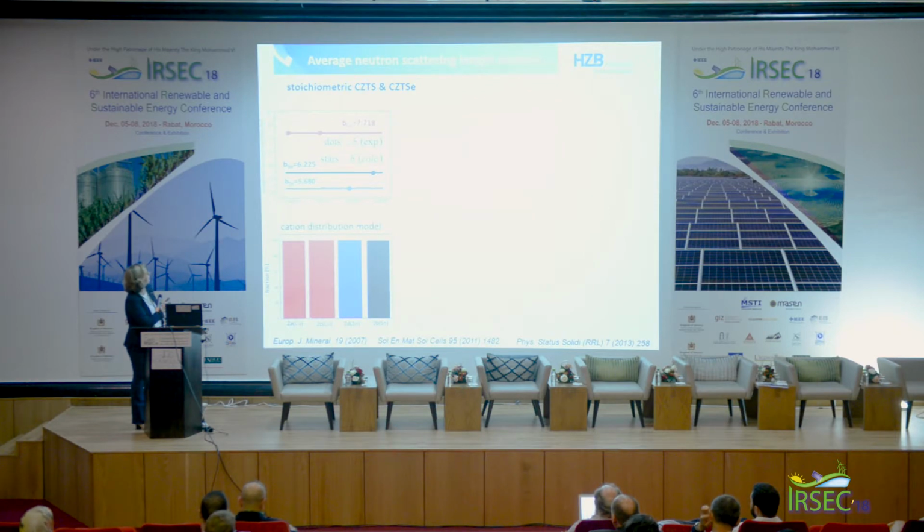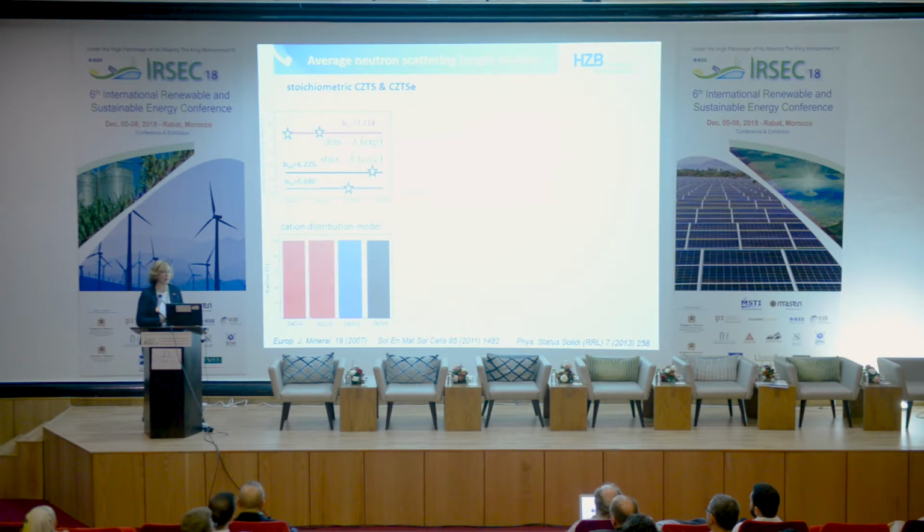And your experimental average neutron scattering lengths, which are the dots, for the 4 sites should be on the lines: for the copper sites, on the scattering length of copper; for the tin sites, on that line; and for the zinc site, on that line. And then if you calculate these scattering lengths according to this cation distribution model, the calculated values will be on the same point as the experimental values.